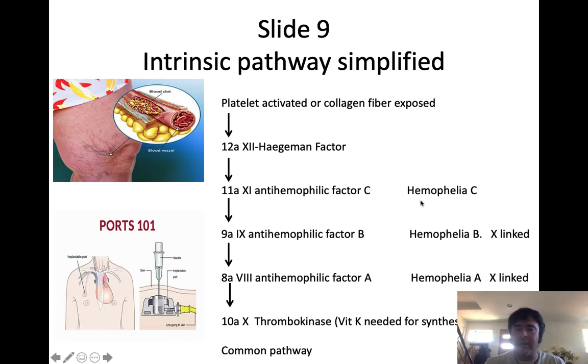One of the important things with hemophilia C, you don't tend to see bleeds into the skeletal muscles or into the joints. With hemophilia B and A, you do get bleeds into things like skeletal muscles, joints, the kidneys, and that can be really problematic. So these tend to manifest more severely.